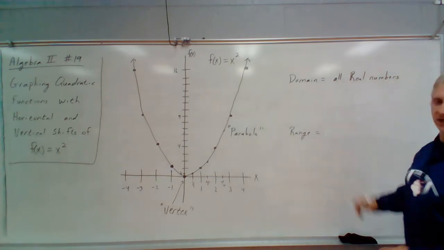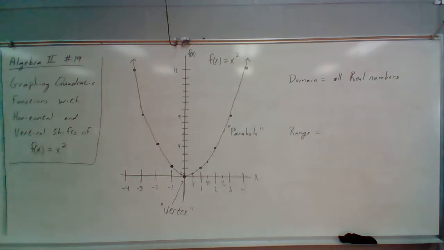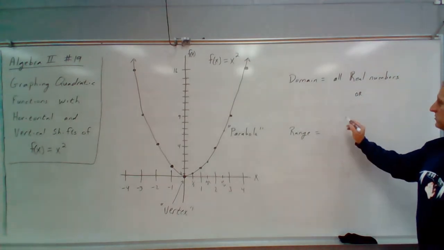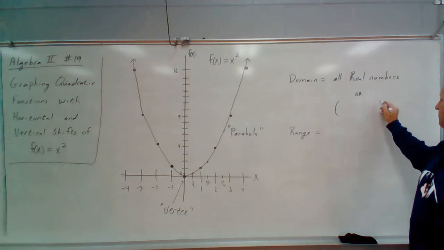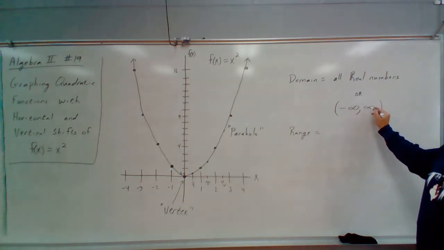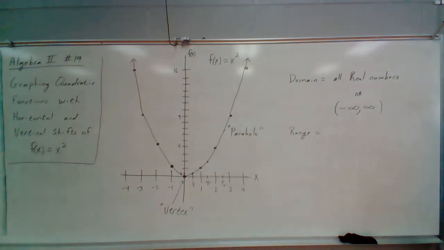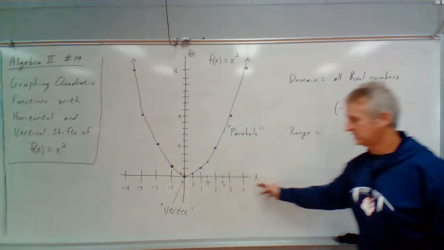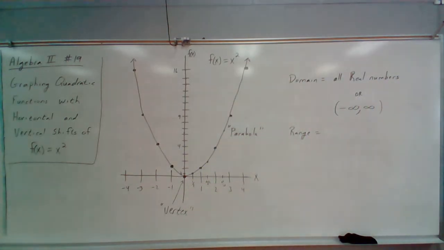Another way of writing all real numbers is in interval notation. And we could say from negative infinity to infinity. We're allowed to plug in any real number on the number line from negative infinity, as far that way as you want to go, to positive infinity, as far this way as you want to go.